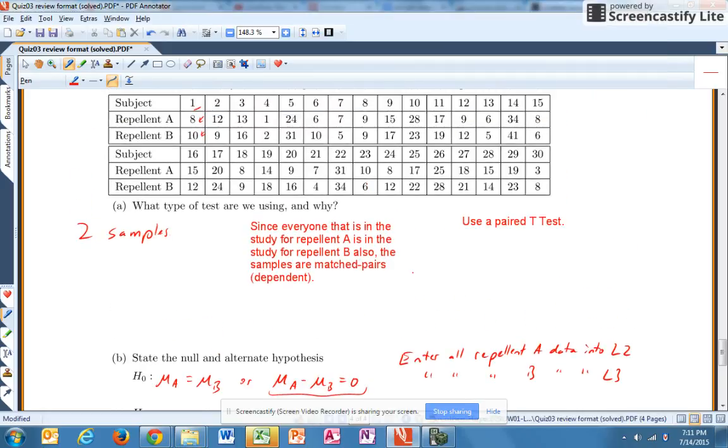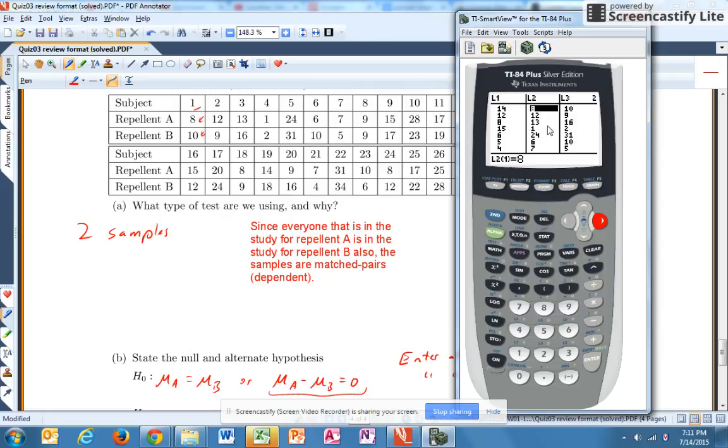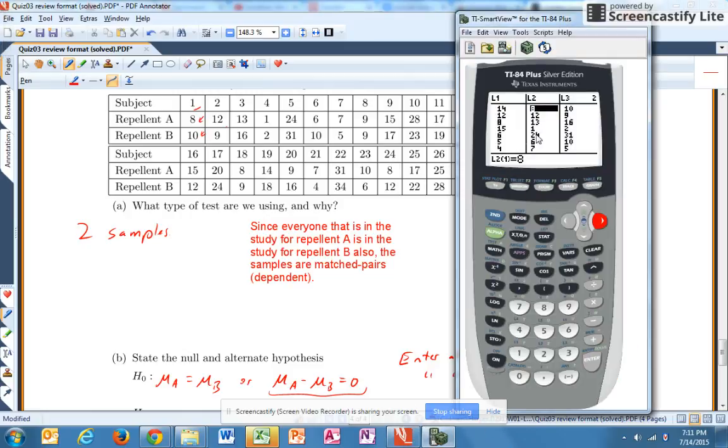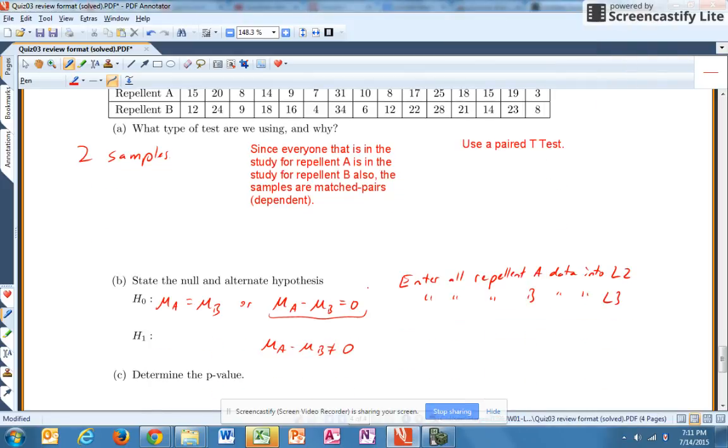If we look at my table of data, there's the 8, 12, 13, 1, 24, and you can see 8, 12, 13, 1, 24. And then matched on the next list, I have the other set, the 10, 9, 16. So I've already entered all the data in my calculator.